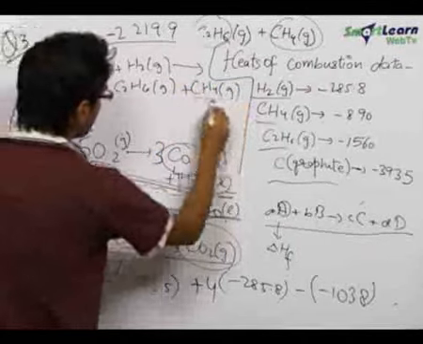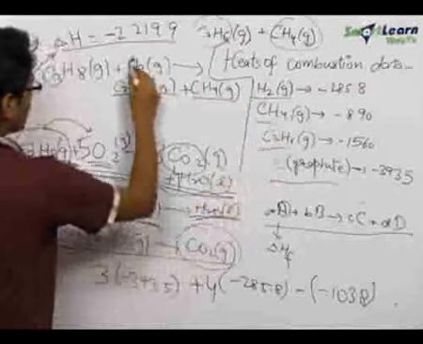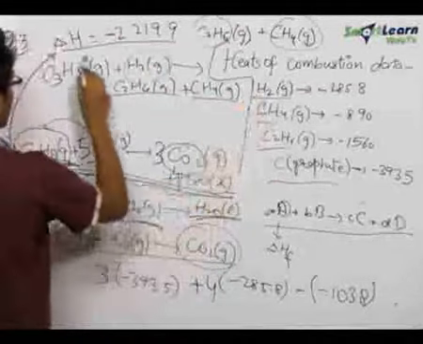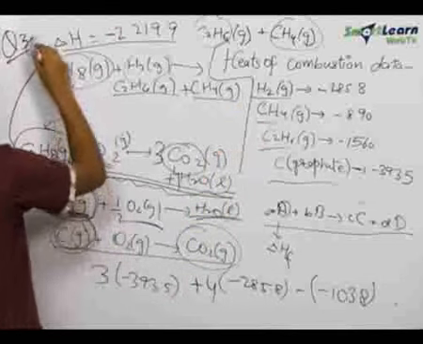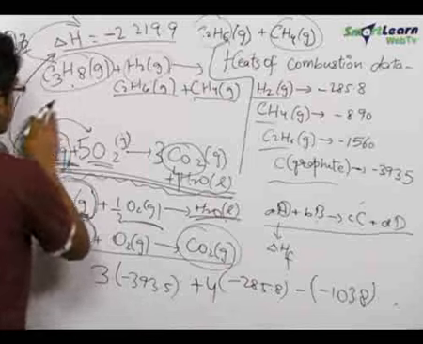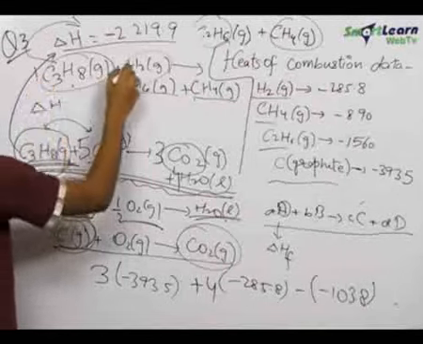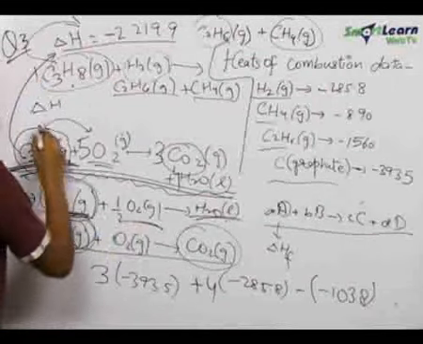Now we have the heat of combustion of CH4, the heat of combustion of C2H6, the heat of combustion of hydrogen, and the heat of combustion of C3H8, which we obtained as minus 2219.9. Hence, the stoichiometric coefficients are all 1.